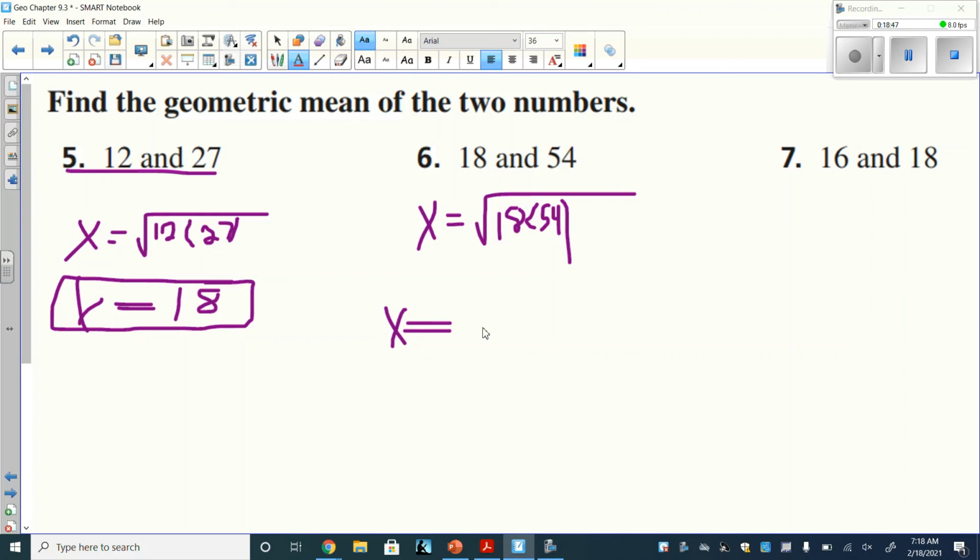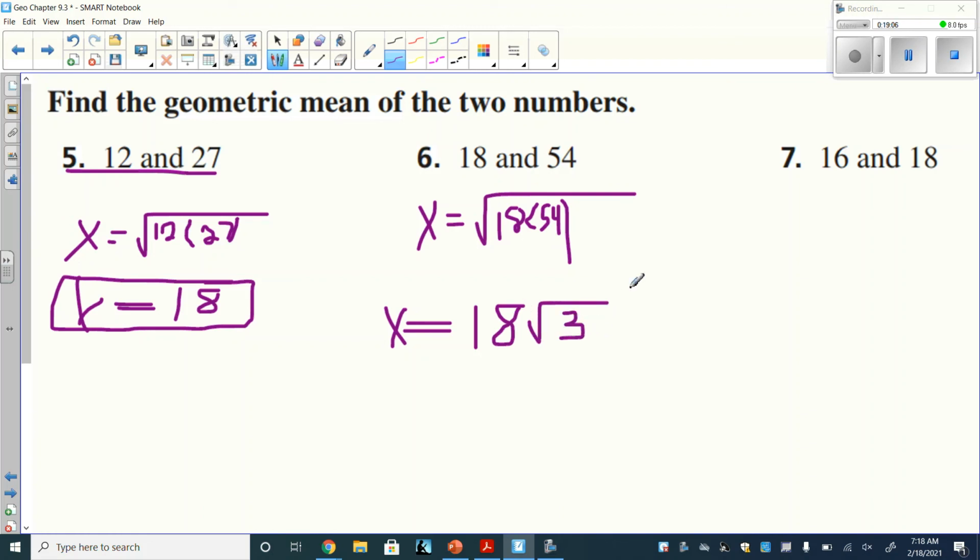So 18 times 54. And if we do this in Wolfram Alpha, we'll put it to the 0.5, which is the same as taking the square root. And if we do that, we'll get 18 square root of 3. And that'd be our answer.